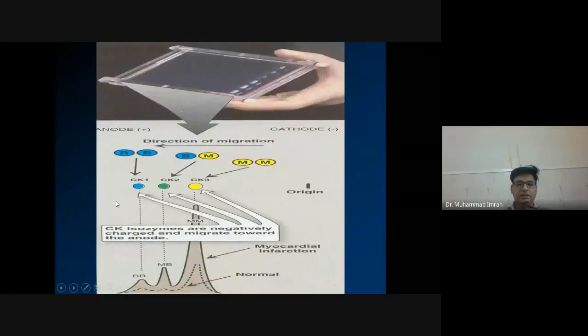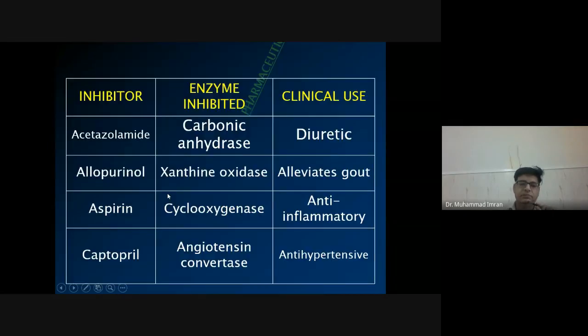Here you can see this is CK1, CK2, CK3. Whichever band is most prominent will identify the disease. If the CK3 band is more prominent, we can say it is muscular dystrophy, and if the band of CK2 is more prominent, then we can say it is a myocardial infarction.